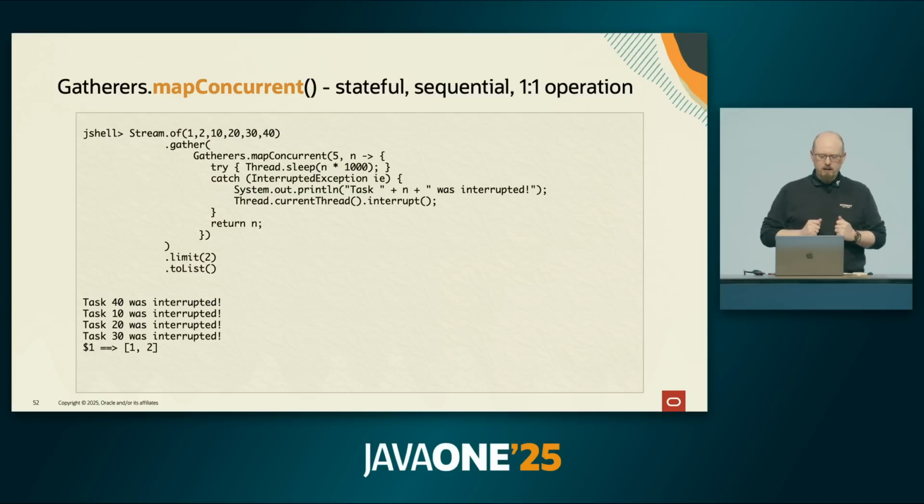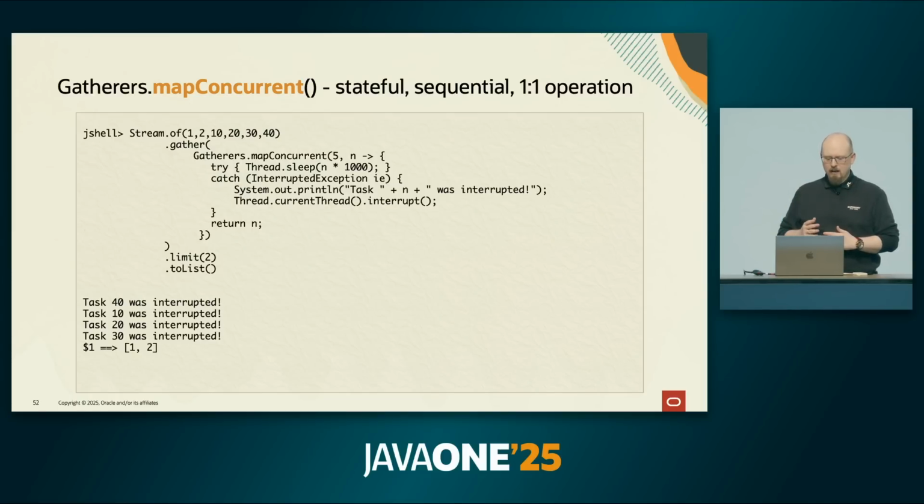Let's say that you want to call some cache, or some service, and you just want that specific thing to be concurrent. Then mapConcurrent is the thing. It evaluates a function using virtual threads up to a certain limit that you give.